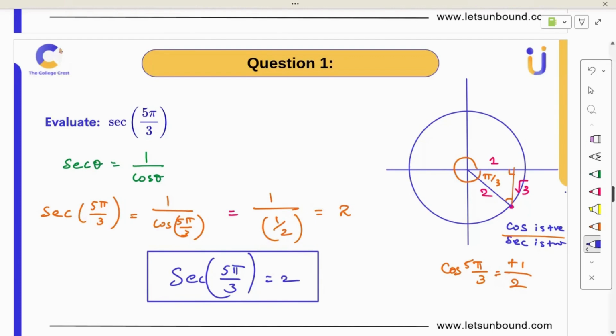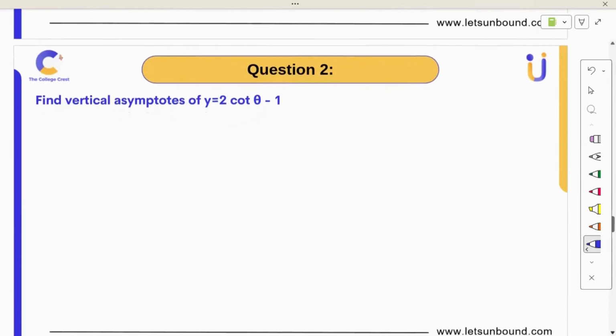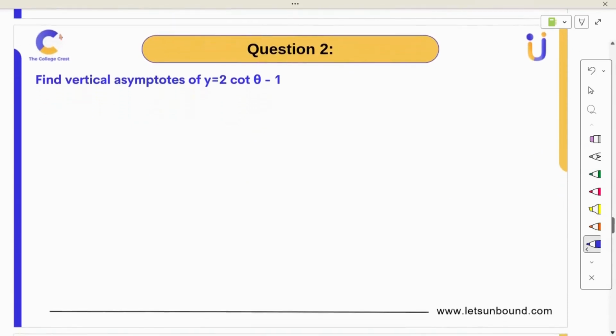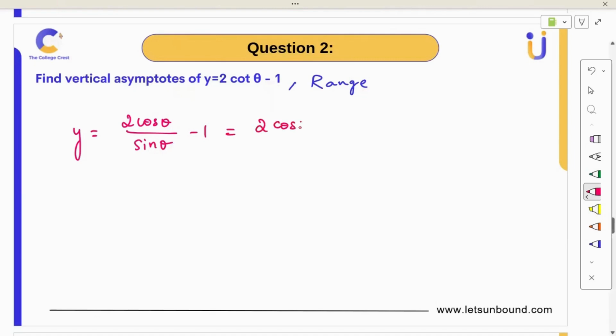Question 2. Find the vertical asymptotes of y equal to 2 cot theta minus 1, and also let's find the range for this. Okay, I will give you some time. So first I will find the vertical asymptote. So write the function; wherever the denominator becomes 0 will decide the vertical asymptote, right? So let me write 2 cos theta by sine theta minus 1. So when your denominator becomes 0, let me simplify: 2 cos theta minus 1 by sine theta.